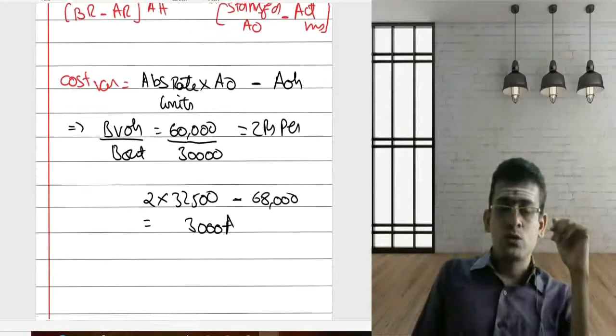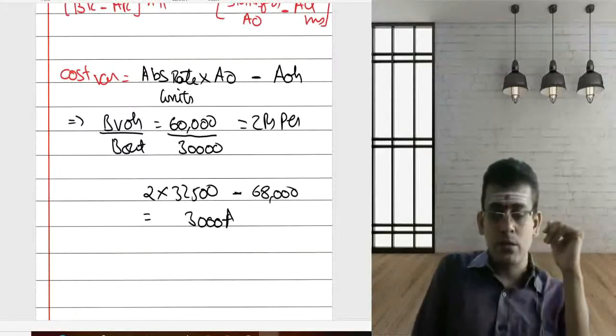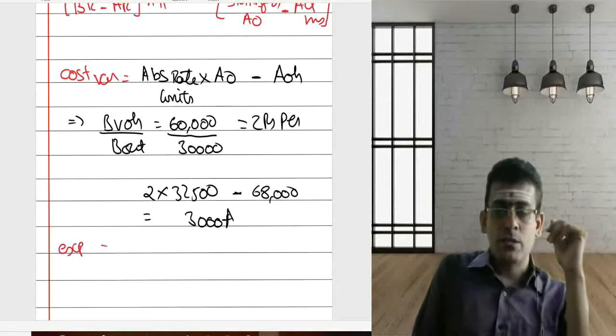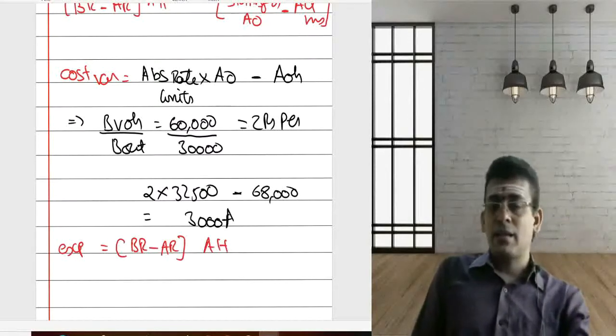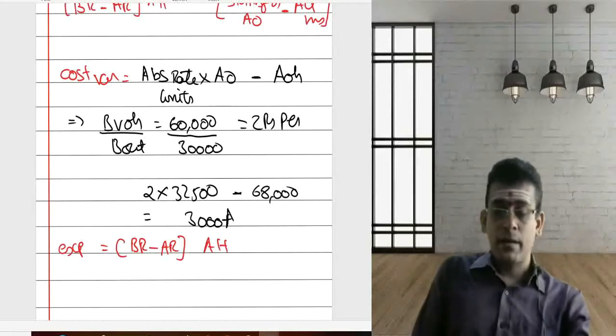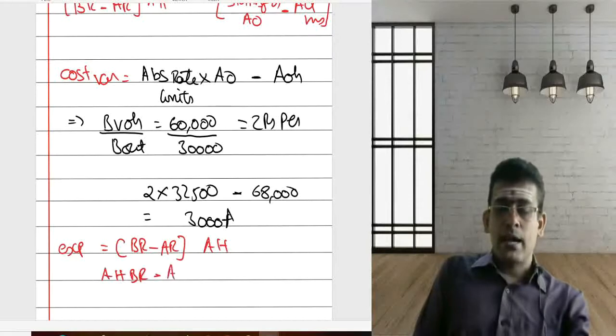Now we need to do something called the expenditure variance. So how do we calculate your expenditure variance? Difference in rate, budget rate minus actual rate into actual hours. Or simply, the other line, what I can do, I'll multiply. So actual hours into budget rate minus actual hours into actual rate.